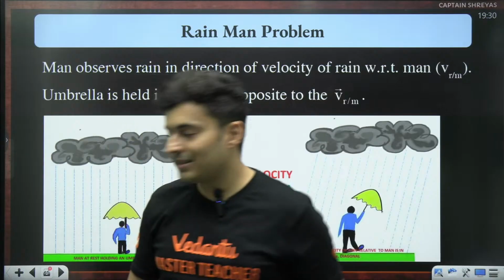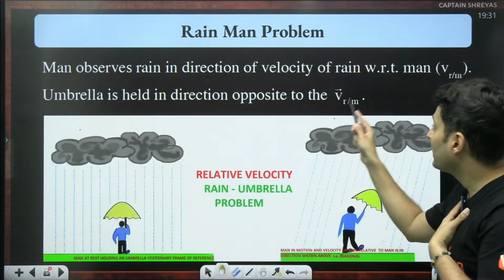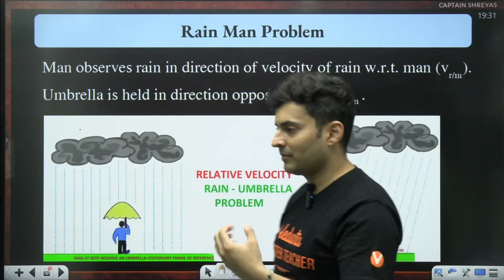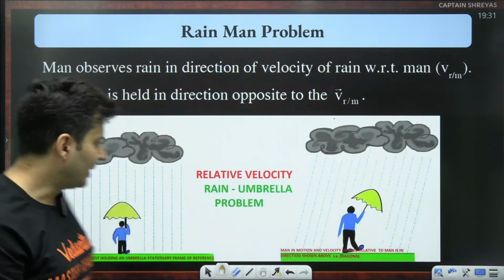So what matters is the relative velocity of the rain with respect to the person. Relative velocity of the rain with respect to the man who is moving.